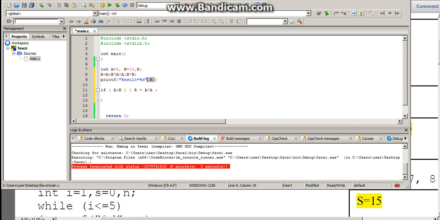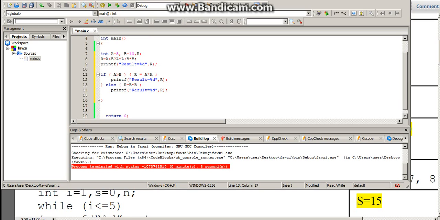Here we need to write the same, and we write here else, else B multiplied by B. Of course, R equal to B multiplied by B capital. Don't forget to make both of them capital.